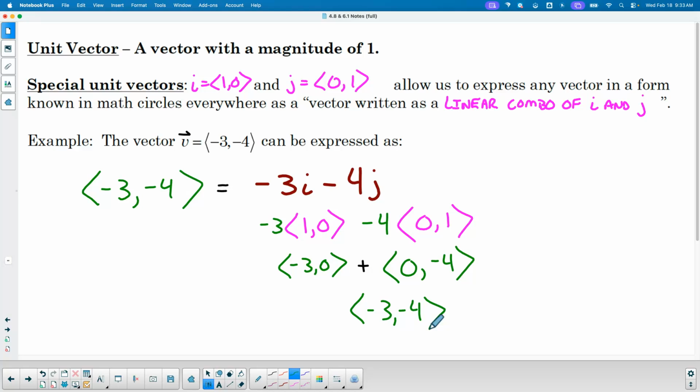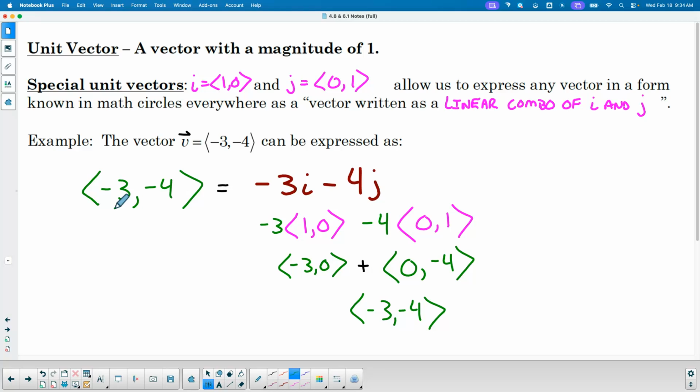If you have the component form of a vector, it's literally just the horizontal component i, plus the vertical component j. That's it. It's not anything more complicated than that.